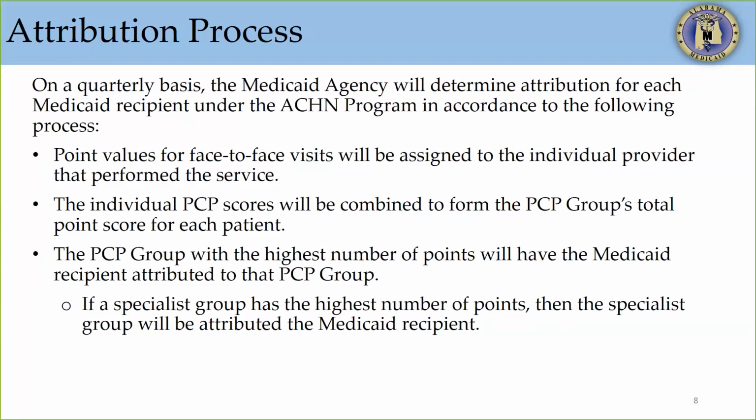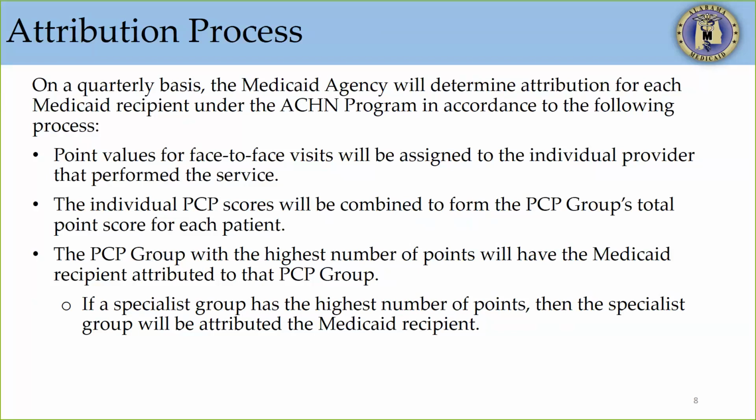How will the process actually work? On a quarterly basis, the agency will determine attribution for each recipient under the ACHN program criteria in accordance with the following process steps. First, point values for face-to-face visits will be assigned to the performing provider that performed the service. However, the individual practitioner scores will be combined to form the PCP group's total point score.